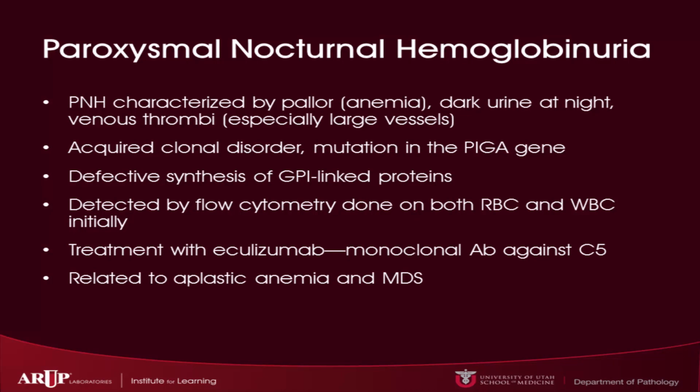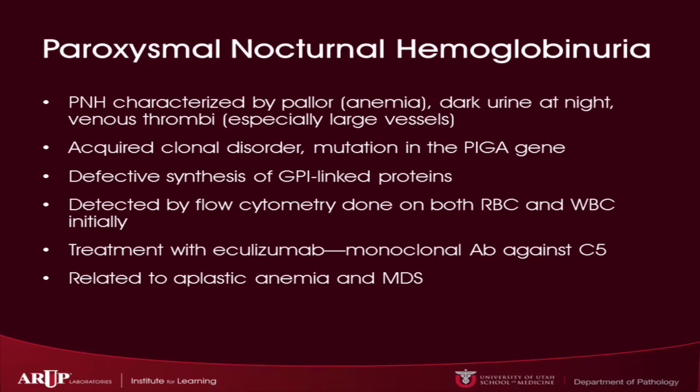Treatment is basically this particular drug. It has been in use for the last, I would say, 7-8 years now. This is a monoclonal antibody against C5, which is the complement factor, and it works pretty well. It's a directed therapy towards complement C5.